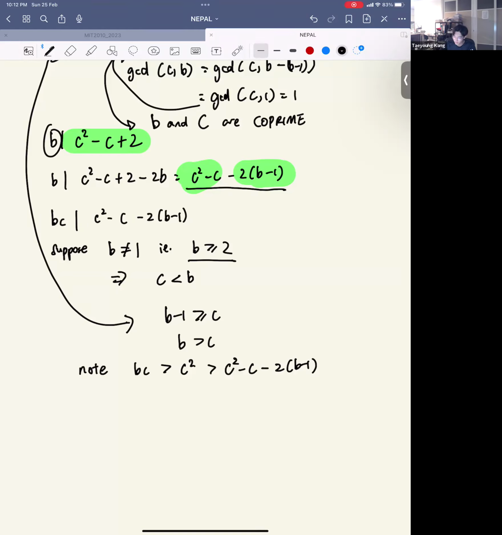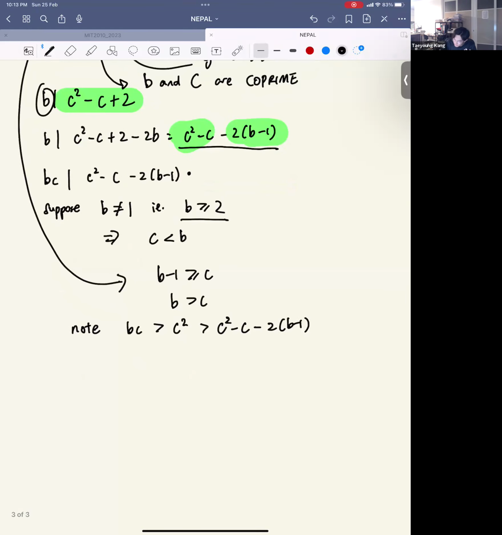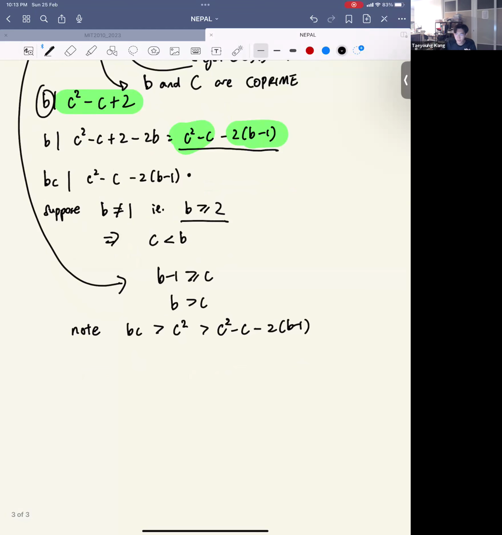Firstly, this is not like a negative number, right? Because C squared, in order for this to be a negative number, it implies that C squared minus C minus 2B minus 1 is strictly less than or equal to minus BC.